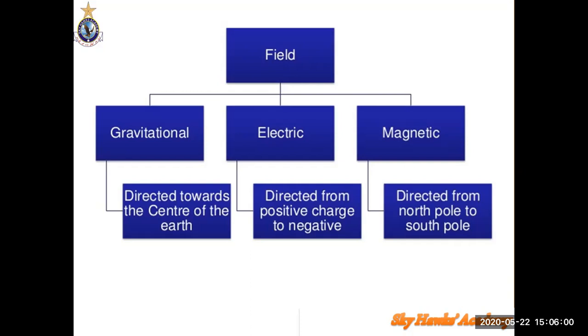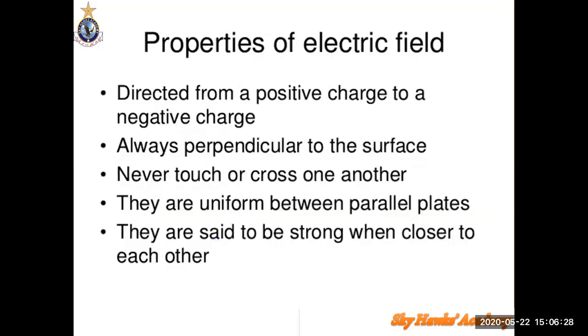Now we are talking about the electric field, whose direction is from positive to negative charge. We know that the flow of electrons is called the current. When electrons come from the positively charged body to the negatively charged body, the movement of electrons is actually the current or the charge. We will talk only about the electric field in this presentation.